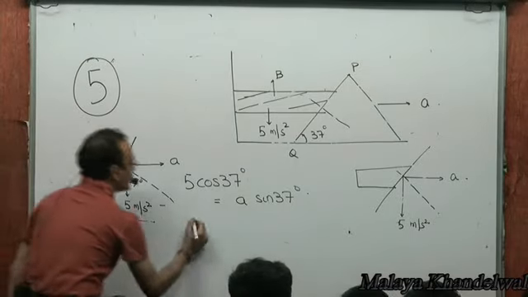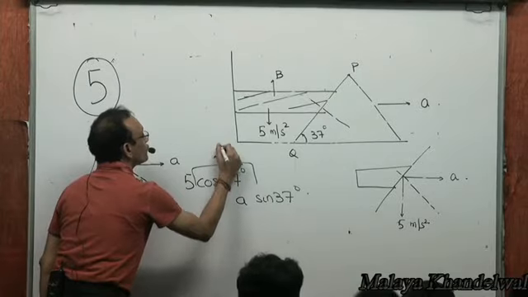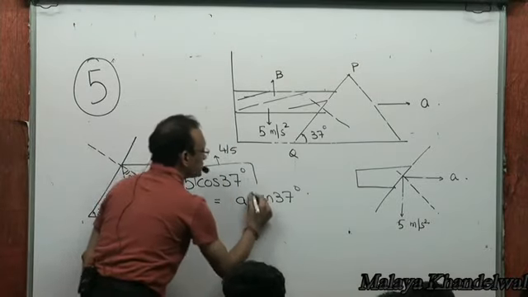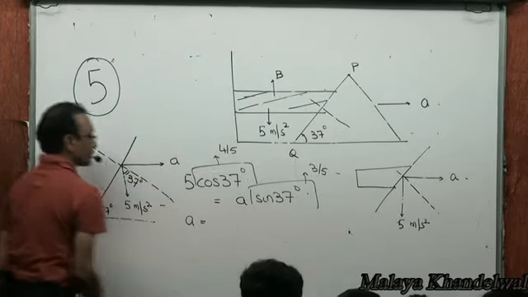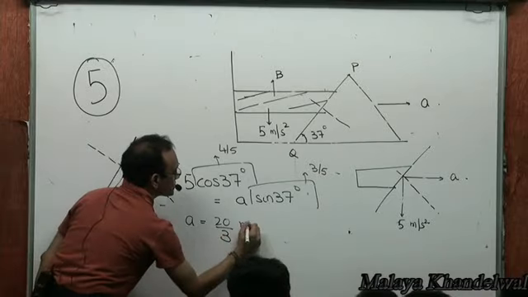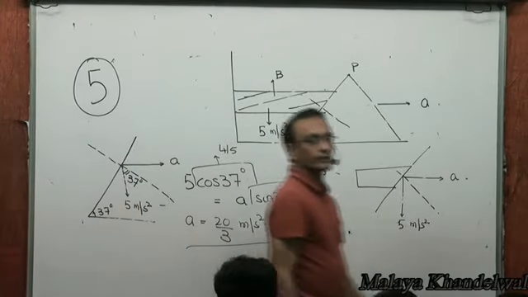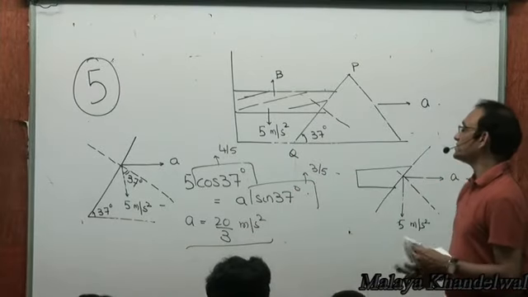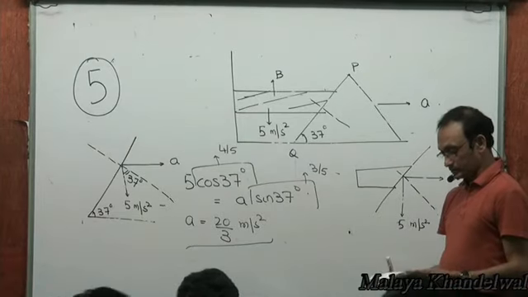So A then turns out to be, cos 37 degrees, by the way, is 4 by 5, and sine 37 degrees is 3 by 5. So A then turns out to be 20 by 3 meters per second square. So option A.